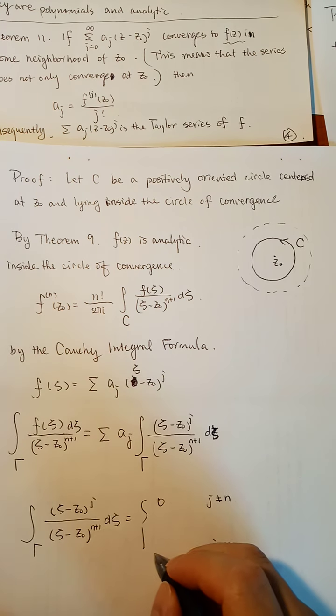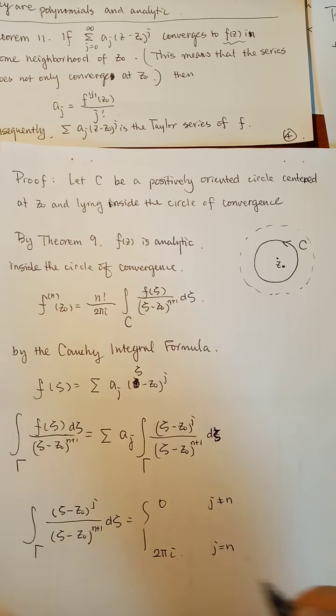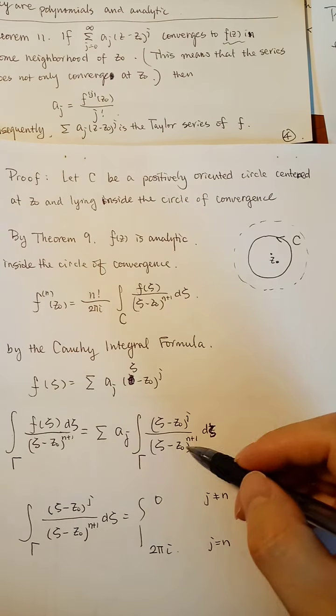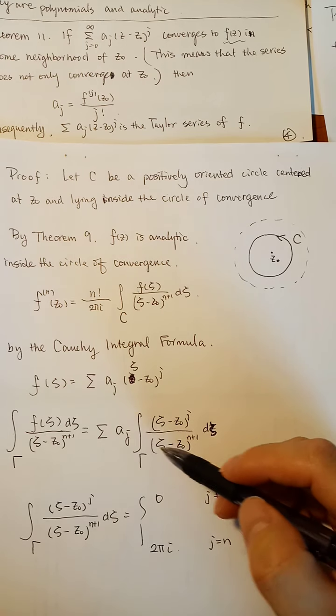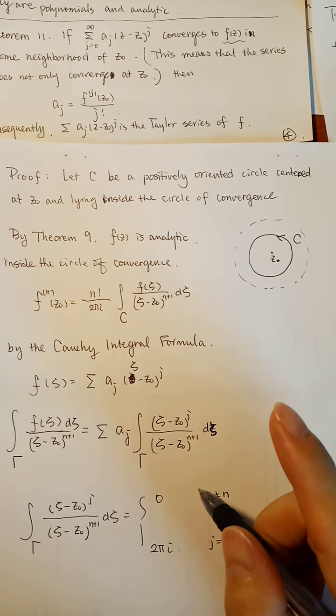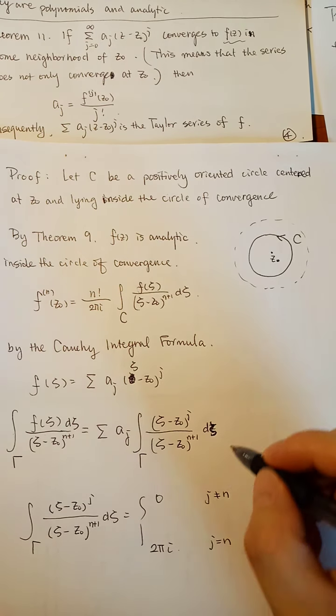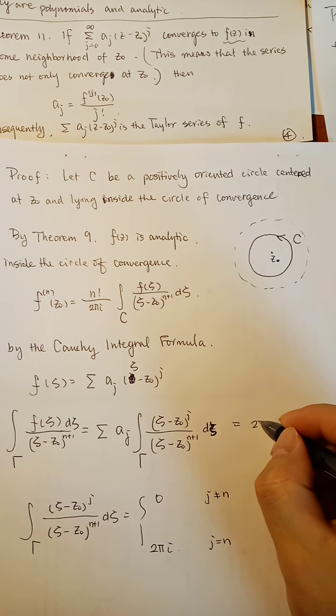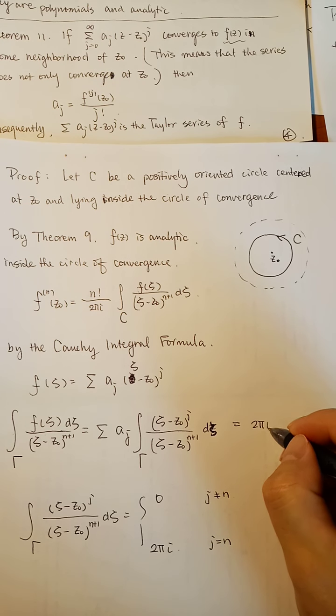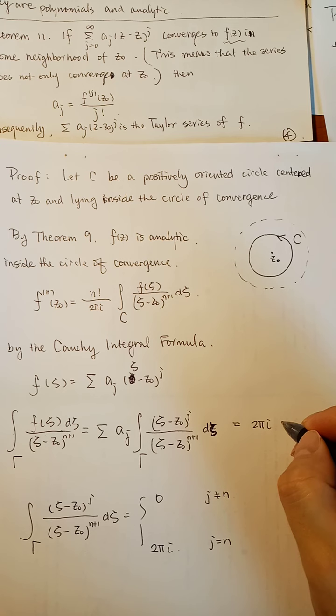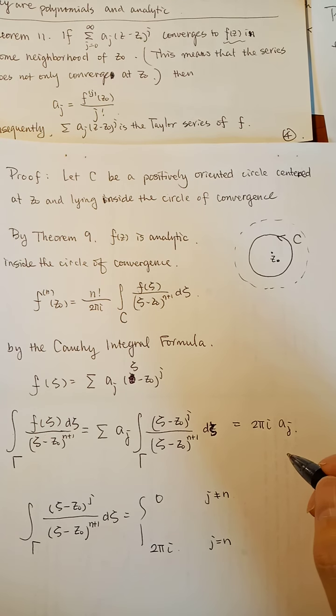The integral of 1 over theta minus z0 is 2 pi i. So this series, the sum of the integrals, actually only contains one non-zero term.